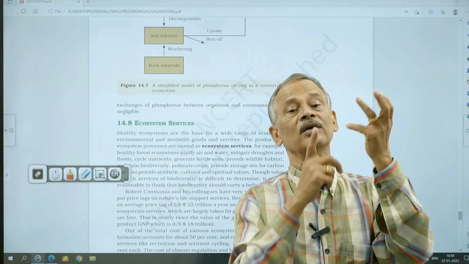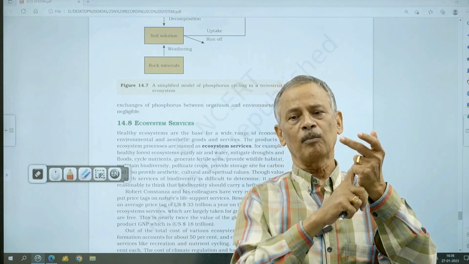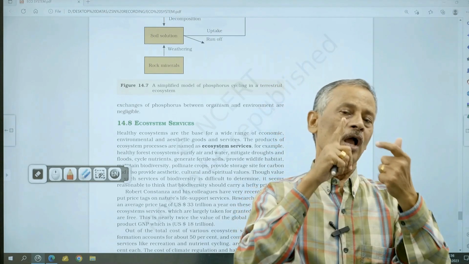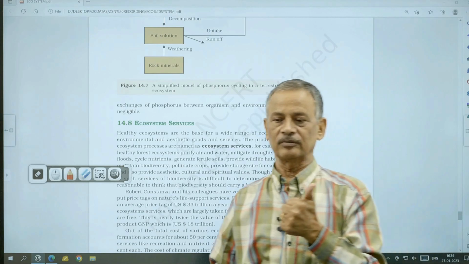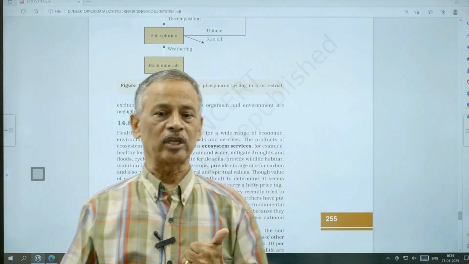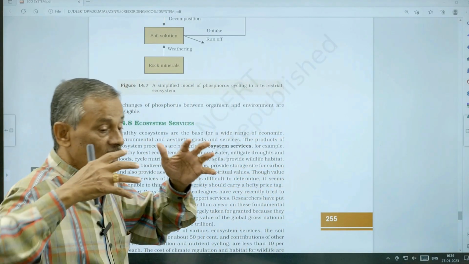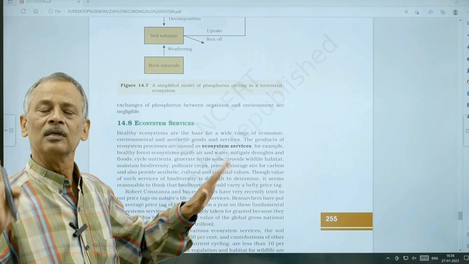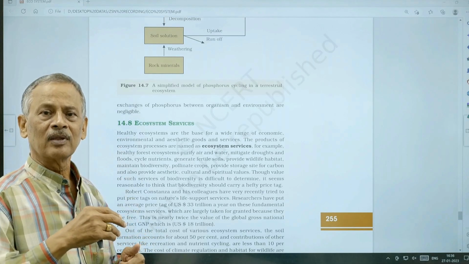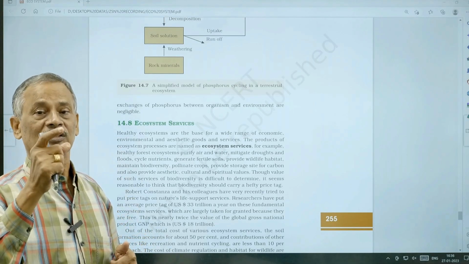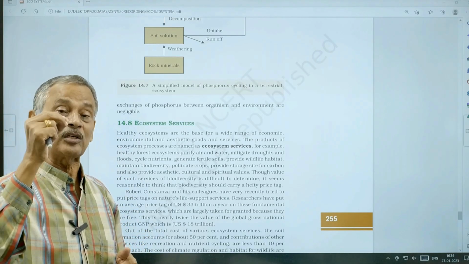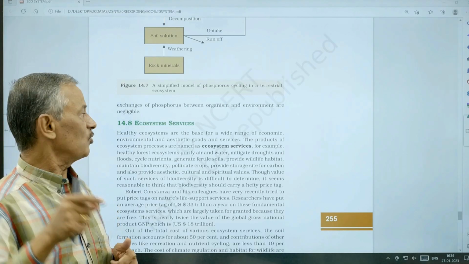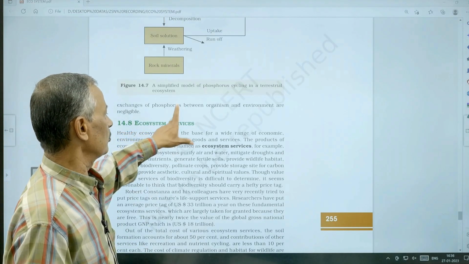I will repeat: production, decomposition, energy flow, and mineral recycling, or biogeochemical cycle. So when ecosystem is performing all these functions without any break, there will be a product. What is that product? What is the ultimate result of all these activities? That is what is called ecosystem services.